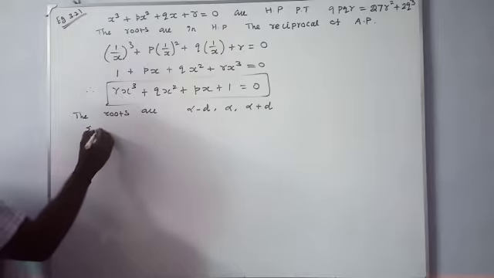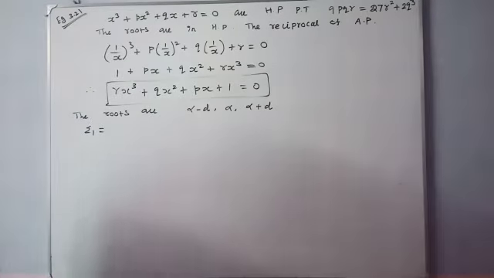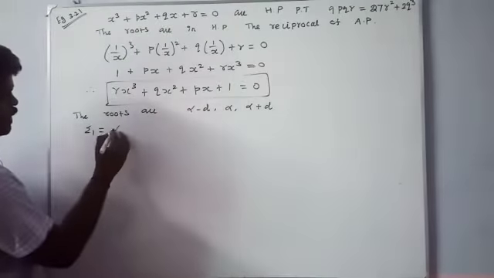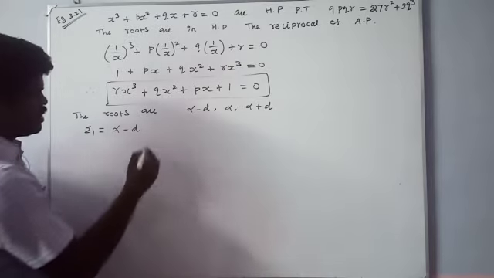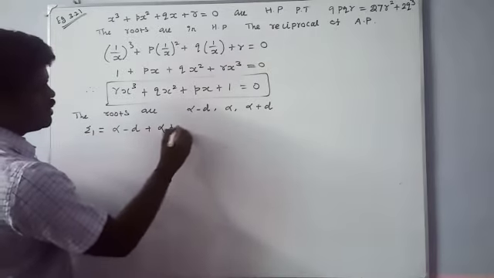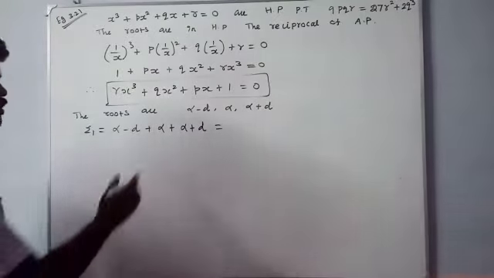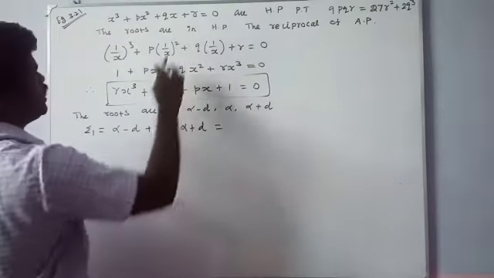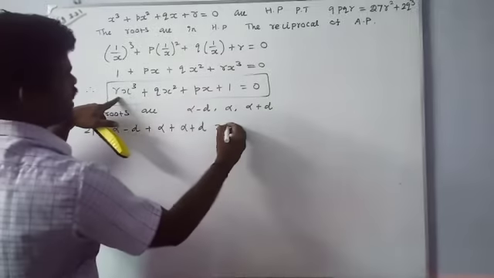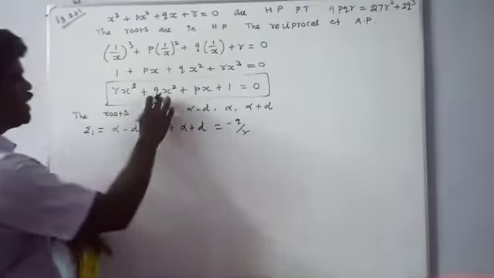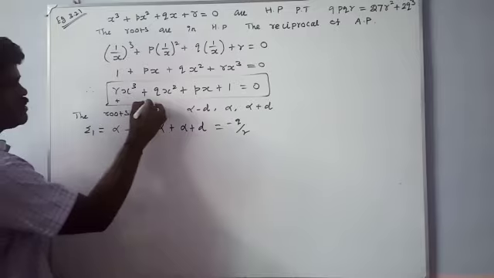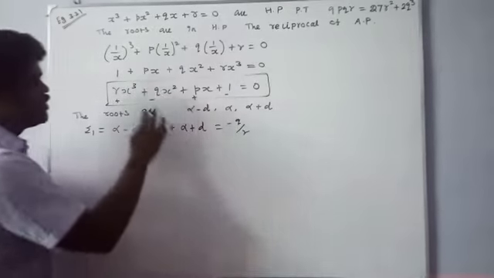Summation 1 means the sum of the three roots. Alpha minus d plus alpha plus alpha plus d is equal to, what is the value here? Minus q by r.